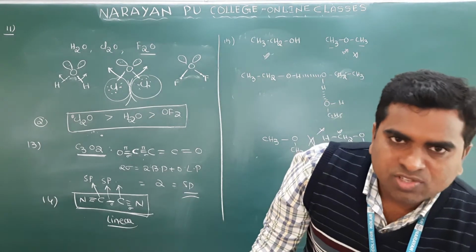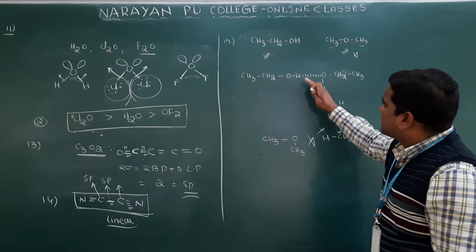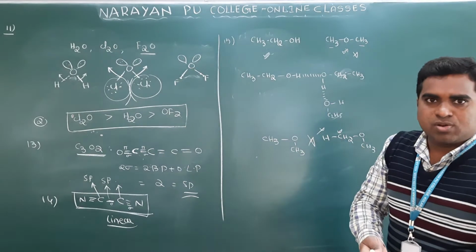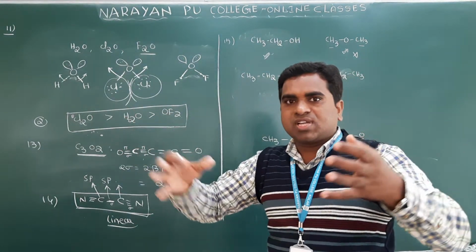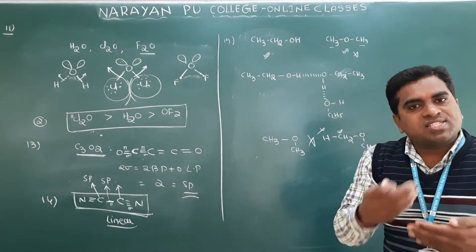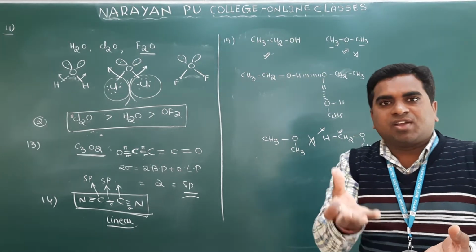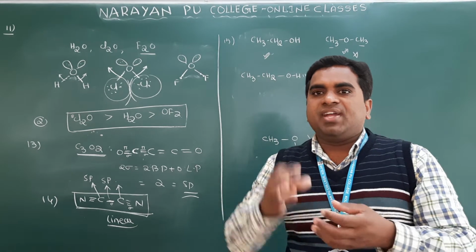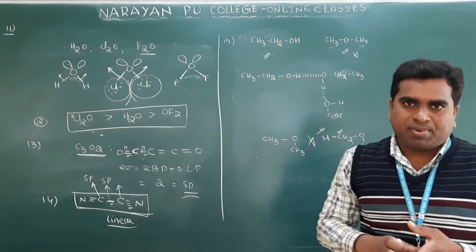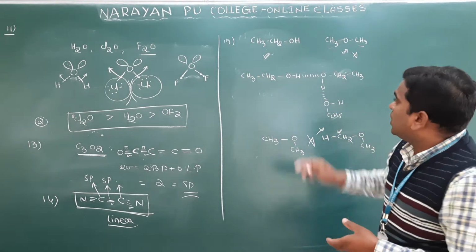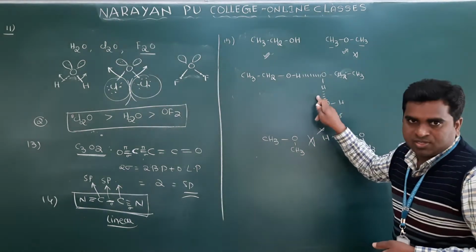Hydrogen bonding means some extra bonds between molecules. Boiling point means, if it is a liquid, you have to supply heat energy, then it will be converted into vapor. Clear? So you have to break these bonds.